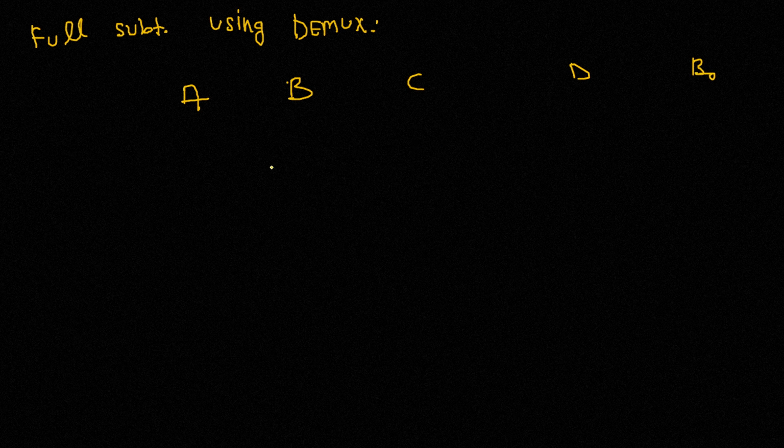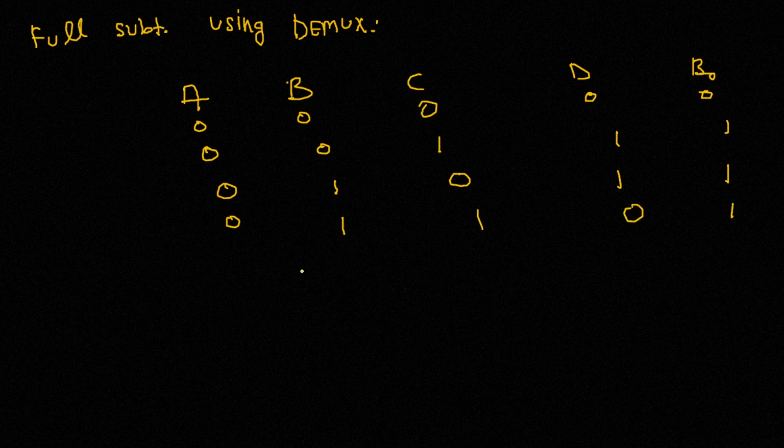I'm not explaining the truth table again because we just did that some time back. This was 0, 0, 0 and 0, 0, 1 and 1, 0, 1, 0, once again 1 and 1, 0, 1, 1, 0 and 1.